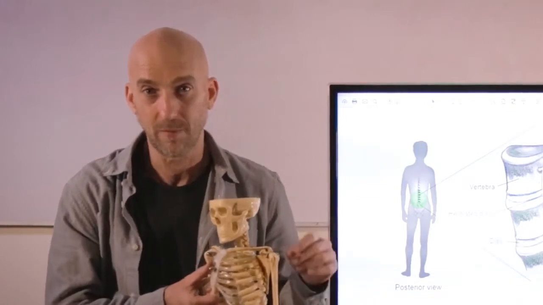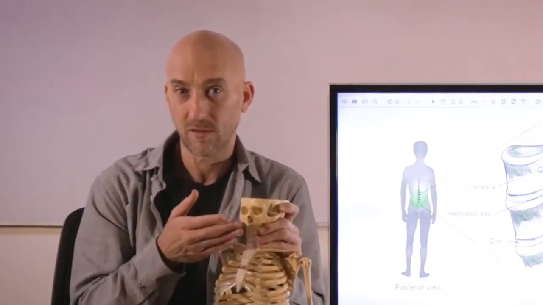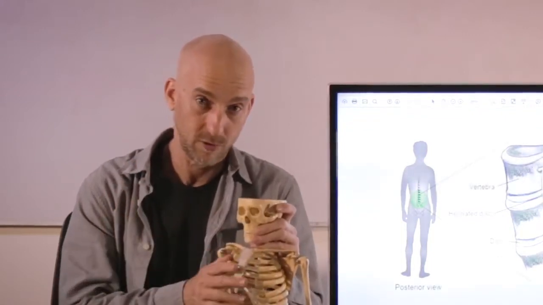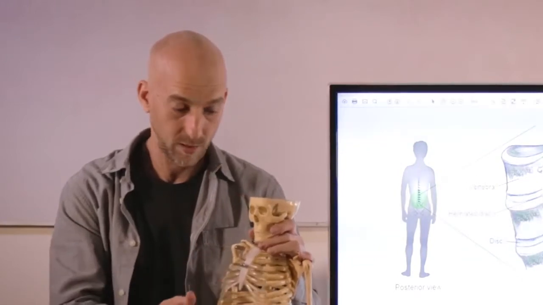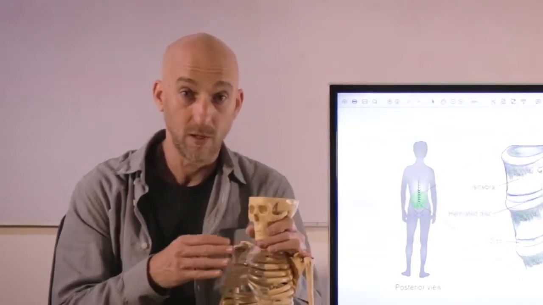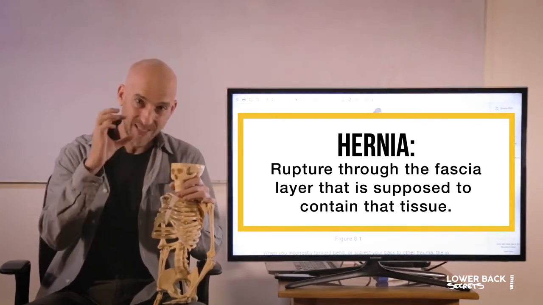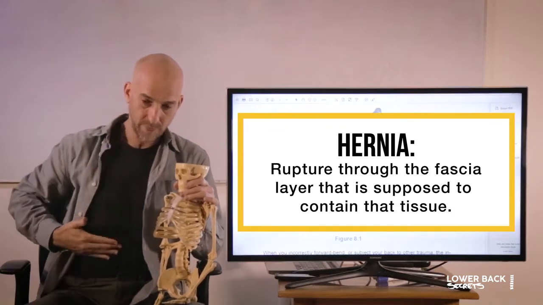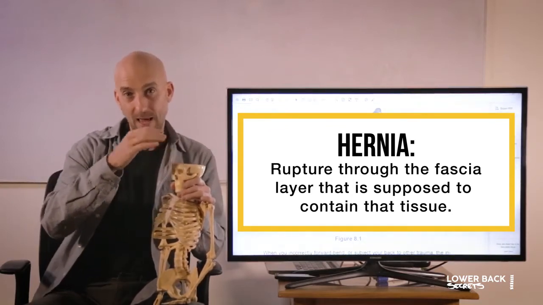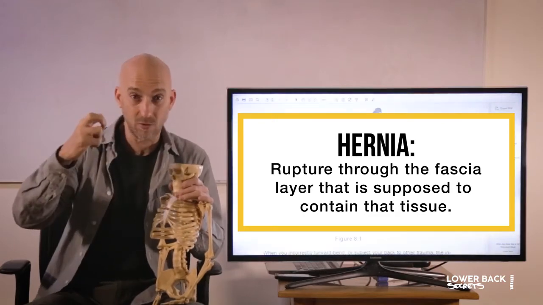Now that it's wrapped in a membrane is very important because, the first thing really is, what does the word hernia mean? I'm going to talk about herniated disc now, but let's make sure we understand what the word hernia actually means first, because the word hernia can be used in many contexts, and we're going to talk about it in this disc context, but actually, a hernia means any time something is supposed to be inside of a membrane. It's supposed to be contained inside of a membrane or inside of a sheath, but then that which is supposed to be inside ruptures the outside and sticks out.